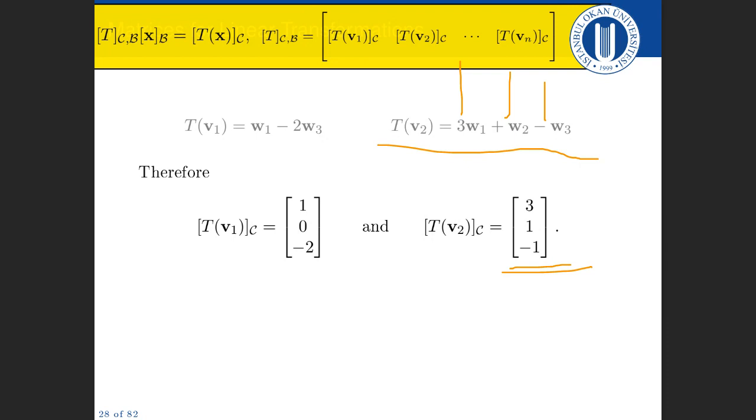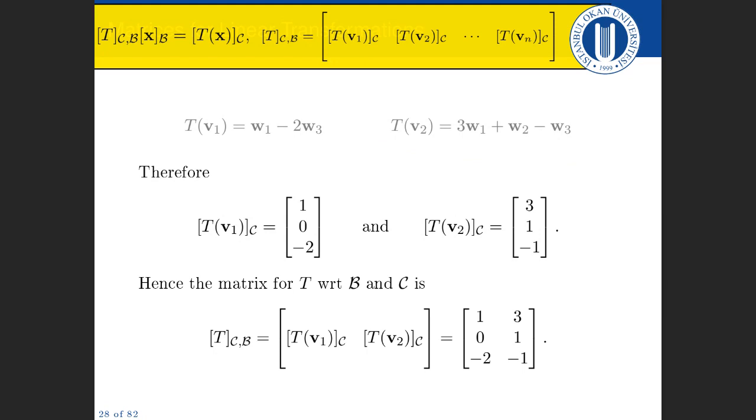And then that's the hard work done. As soon as we have these, we can write down the answer. The matrix for T with respect to B and C is the matrix where the first column is 1, 0, minus 2, and the second column is 3, 1, minus 1.